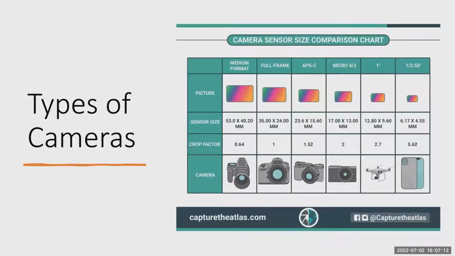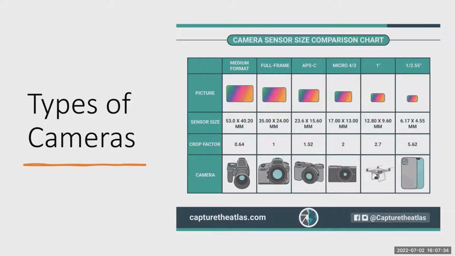If you look at the different kinds of cameras that are available, we have an entire gamut of devices. On the extreme right, we have the mobile phone cameras, and then we have the drone cameras, the micro four thirds, the crop sensor cameras, the full frame cameras, the medium format cameras.